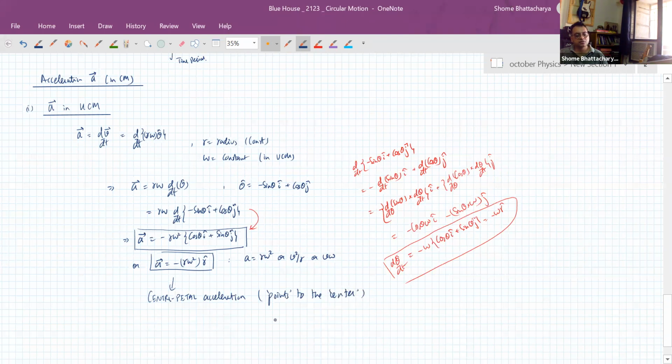Its direction is minus r cap and its magnitude is r omega square, or v square by r, or v into omega. These relations can be interchanged because v is equal to r omega. Replace omega with v by r and you'll get the second relation, not this third relation.